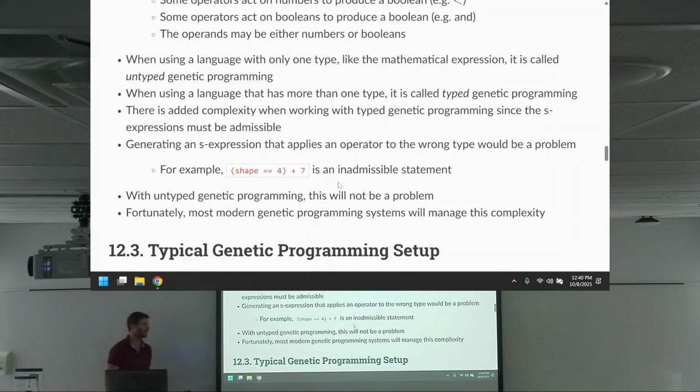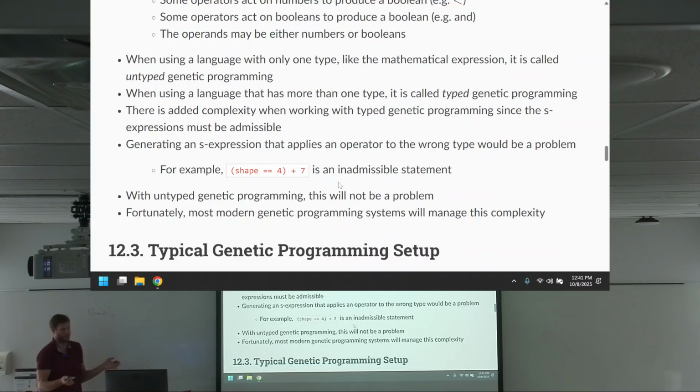A lot of times too, if you're doing typed and you define an operator like if-then-else, okay, and in DEAP, which we're going to use in this class, if-then-else, well, what are the types of the things? Well, the first thing is going to be a Boolean. And then what's it going to return? Well, it could be a Boolean or a number.